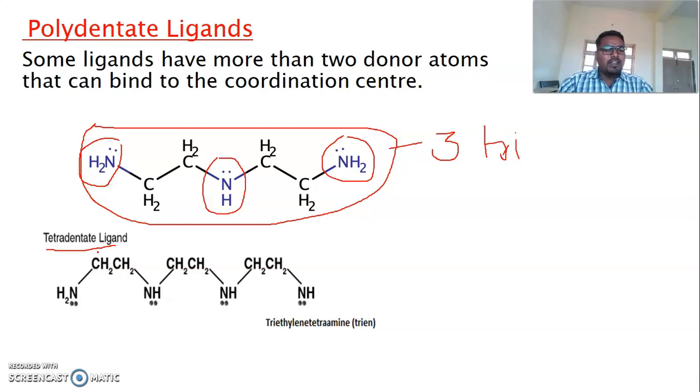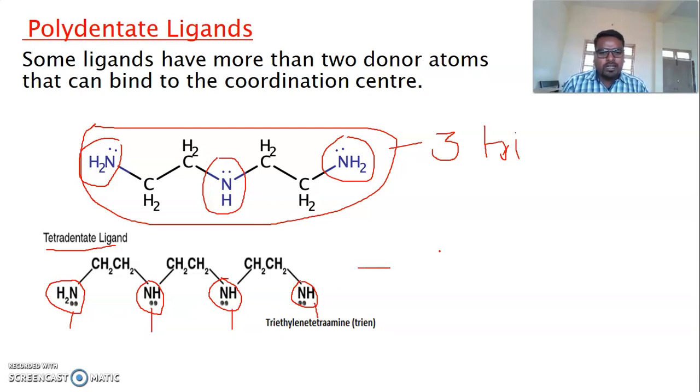Next, another type of ligand is the tetradentate ligand. That means it can form 4 coordination bonds with a central metal atom. Here the 4 coordination bonds are formed by the 4 donor nitrogen atoms. You just look at the molecule here. It has 4 donor nitrogens, so each one forms one single coordination bond.